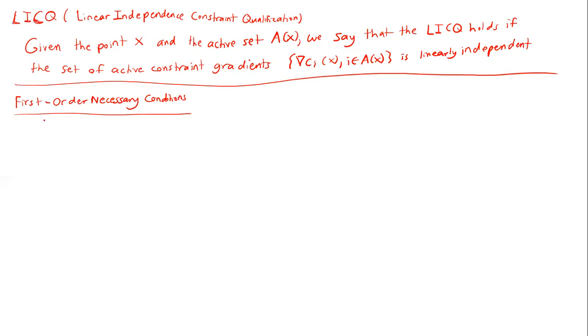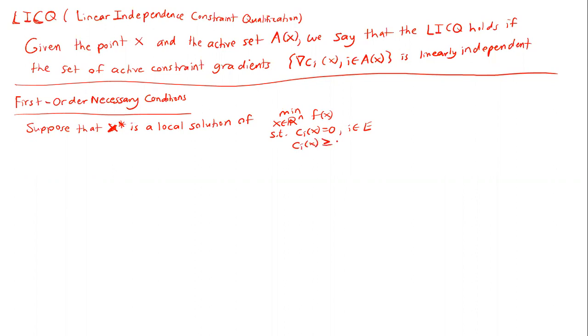So what this is going to say is, suppose that X star is a local solution of this problem: minimize over X in R^n f of X, subject to Ci of X equal to 0 for I in the set of equality constraints, and Ci of X greater than or equal to 0 for I in the set of inequality constraints.